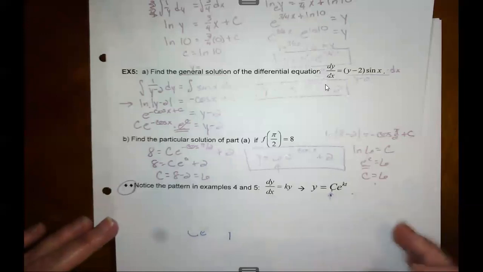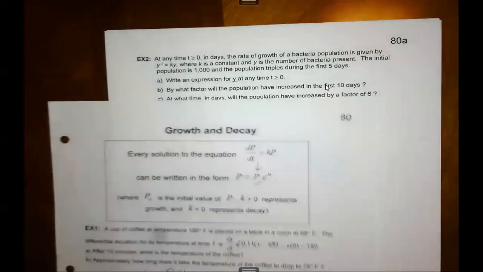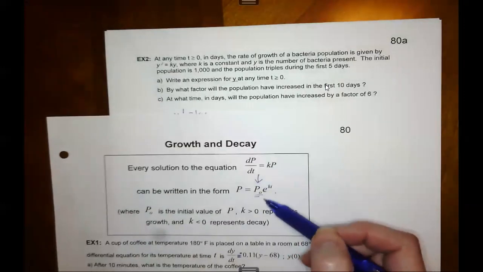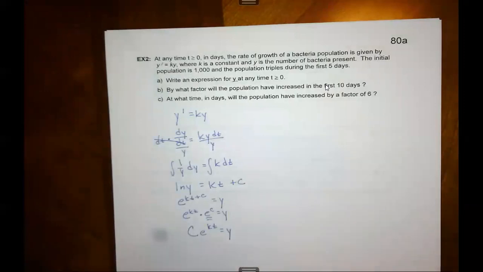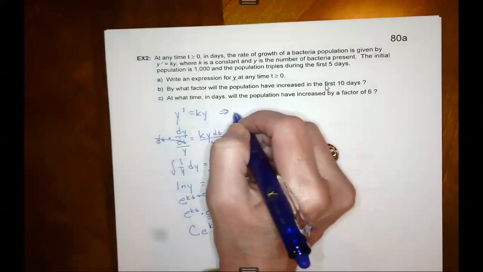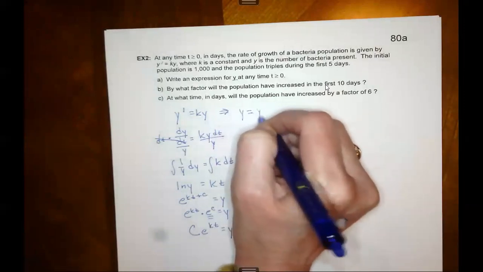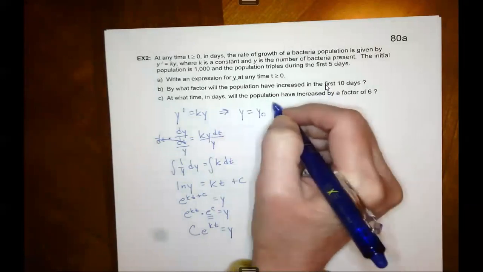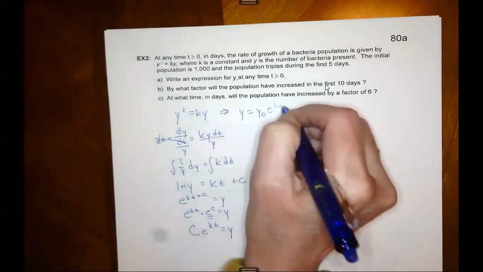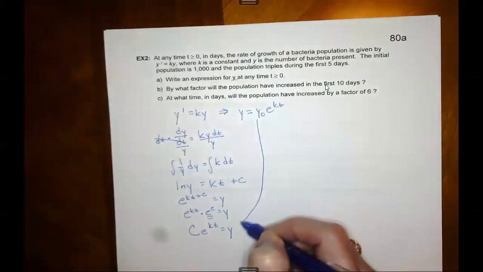And since this one was just all letters, with no specifics given, we could have jumped to the conclusion at the very beginning that y equals y sub o, or p sub o in our paper, e to the kt power. So this is the same thing as what we got.